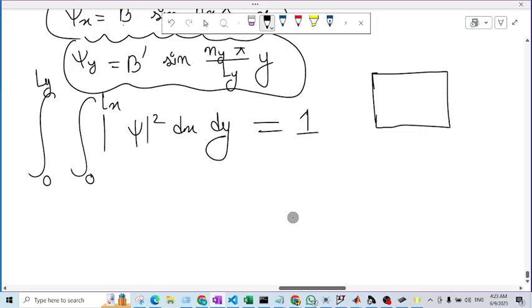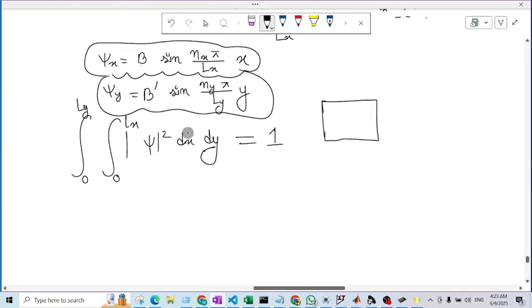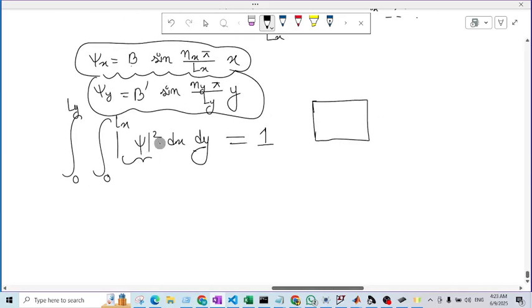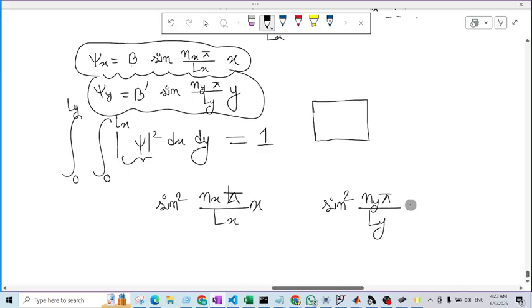So psi square dx dy. Okay, let's first write the psi square. So psi square is equal to first I have to write here sine square nx pi by lx, and then sine square ny pi by ly, here I have x, y, and if I multiply b and b prime, I will get another coefficient, and that is c.